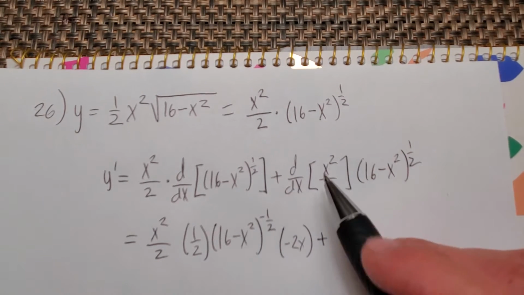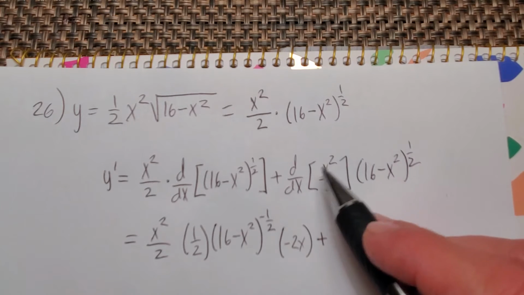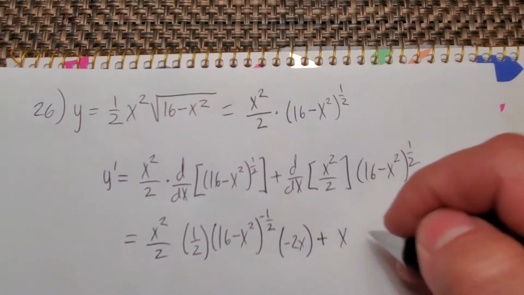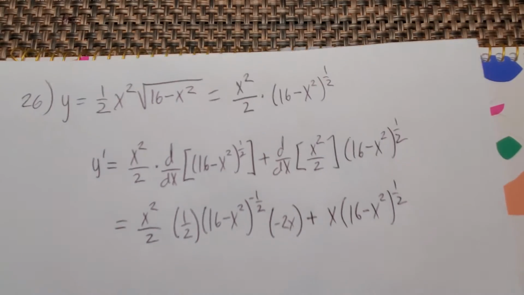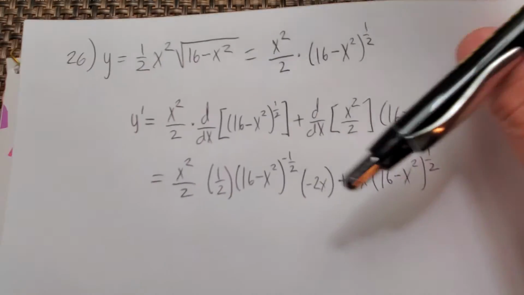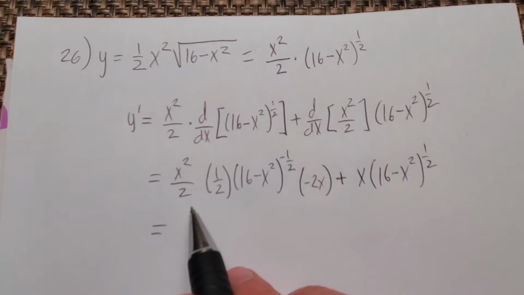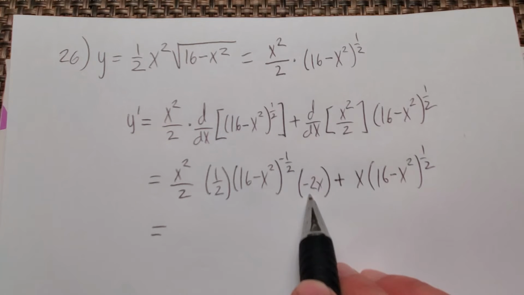Now let's move on to the next part. The derivative of x squared over 2. Well, the derivative of x squared is 2x, and 2x over 2 just leaves me with x. All right, let's combine things and clean this up a bit. First, let's start off with x squared over 2 times 1/2 times negative 2x.